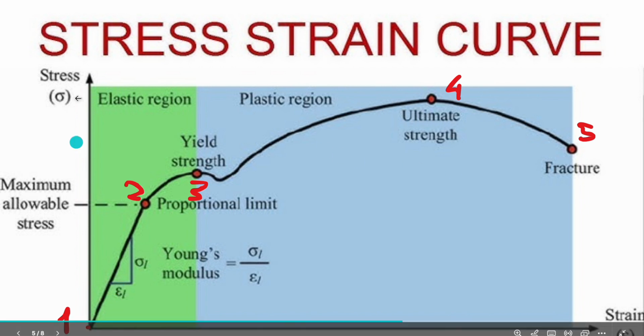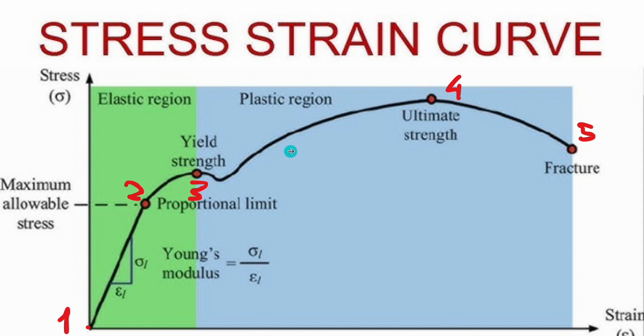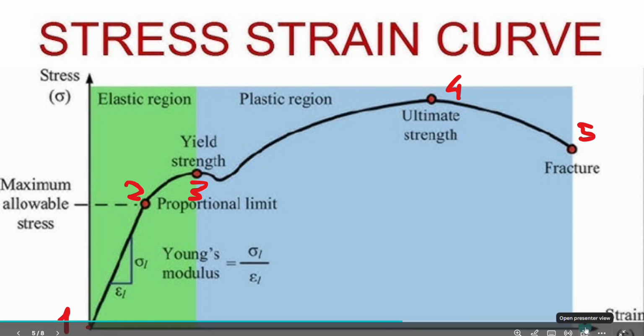This is the stress strain diagram, and this is the curve we get when we do an experiment with a ductile material like steel or aluminum. Now I will show you an example.